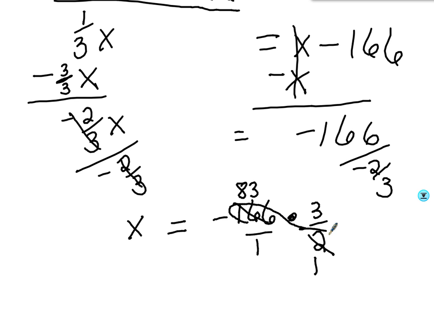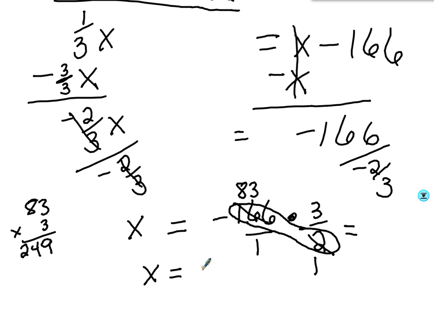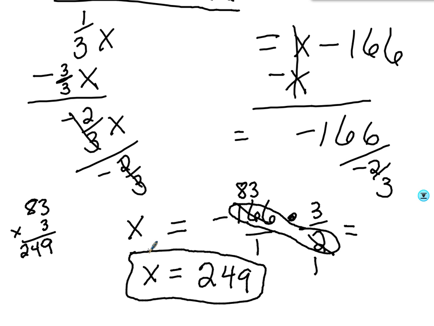Cross cancel. Now, 83 times 3 is positive 249. 249 over 1. Oh my gosh, so x is 249.